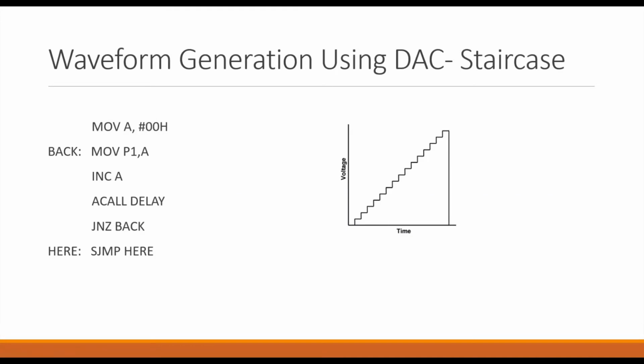Now the main important part, also from the exam point of view: DACs are mainly used to generate waveforms of particular variations. Clear? Let's suppose the basic example is a staircase, the simplest one. If you could understand this, you can write a program for any kind of waveform.